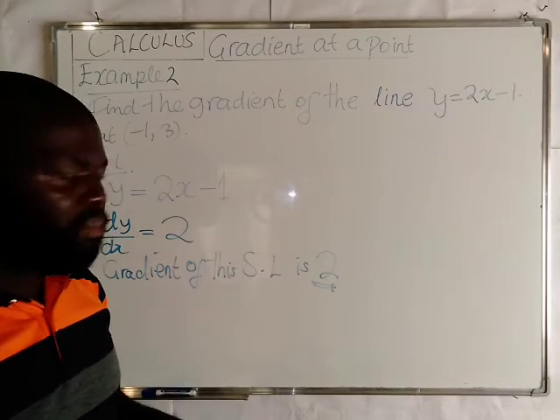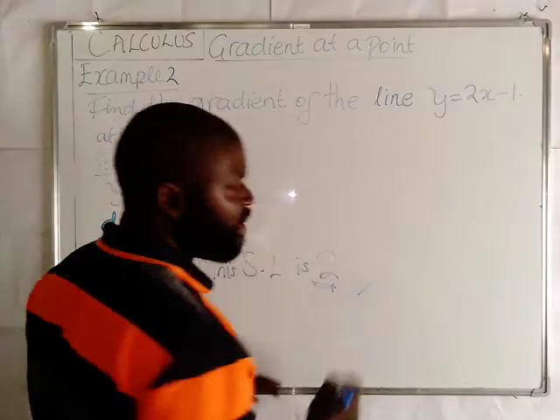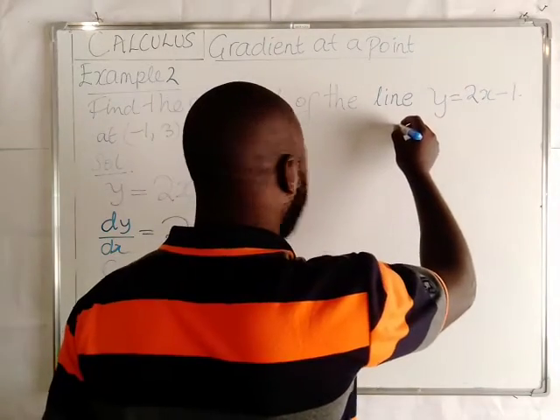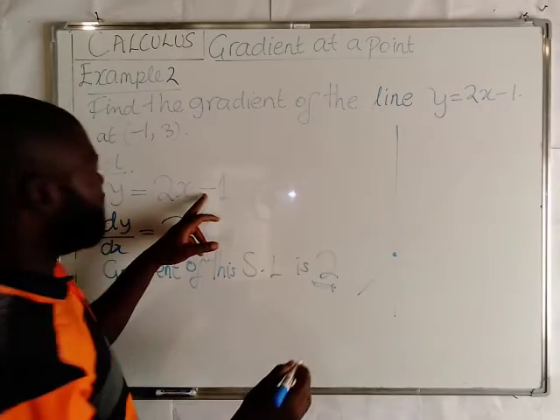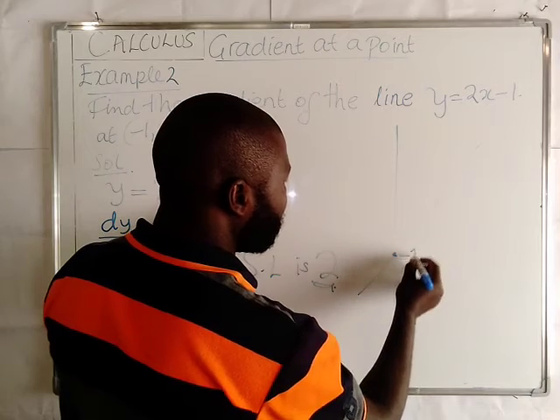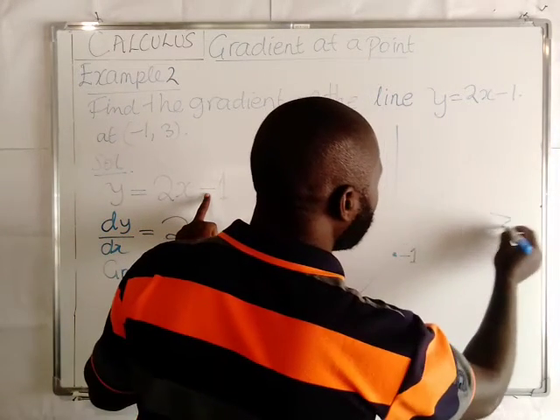It means the straight line could be this one, and as we are told, this straight line is meeting the y-axis at -1.